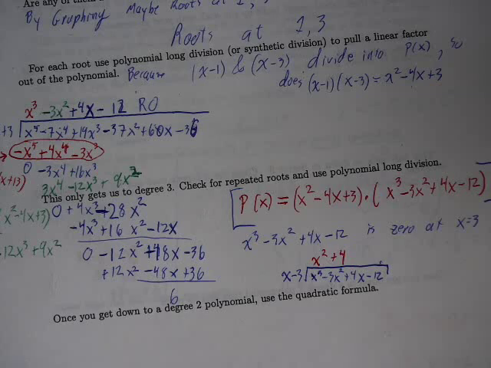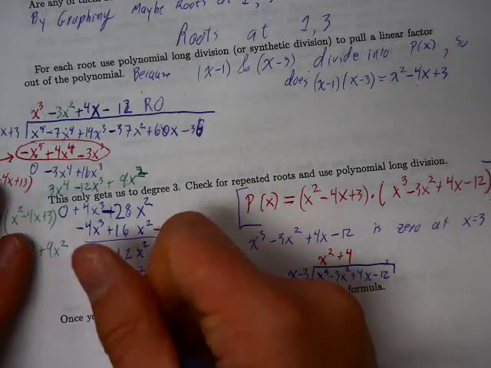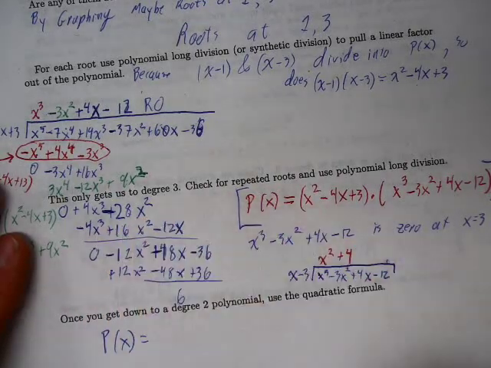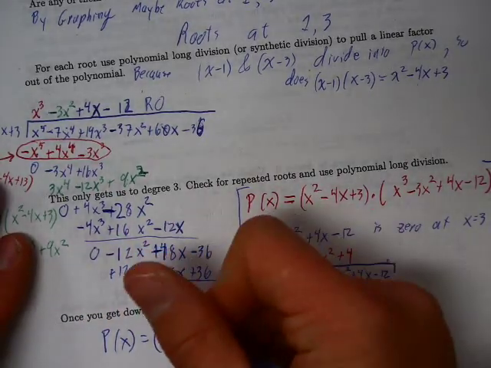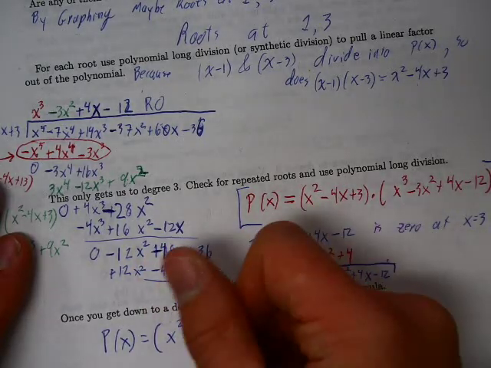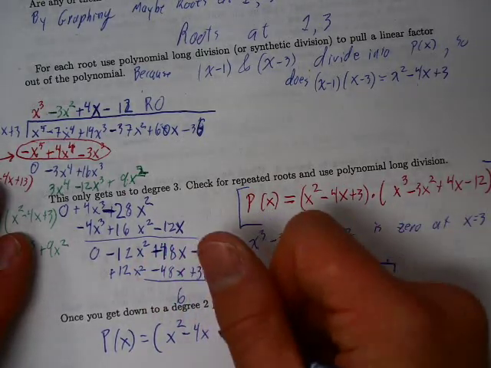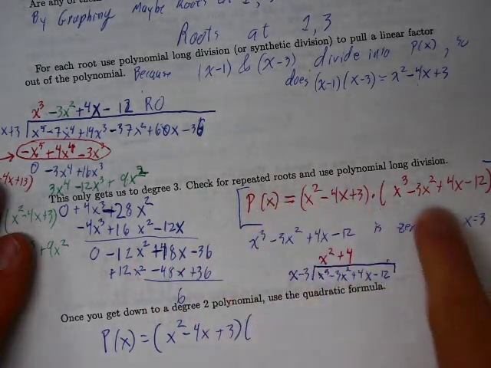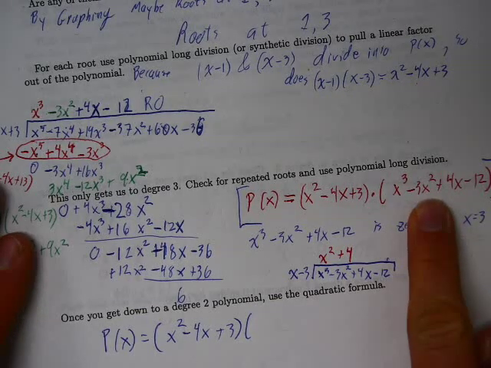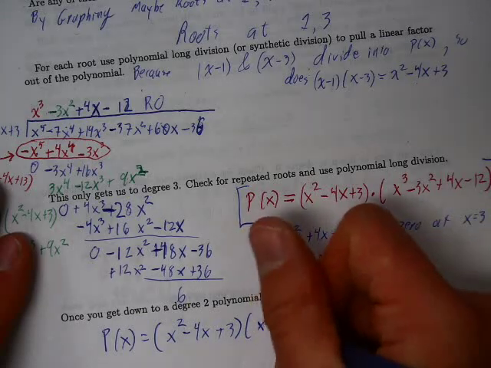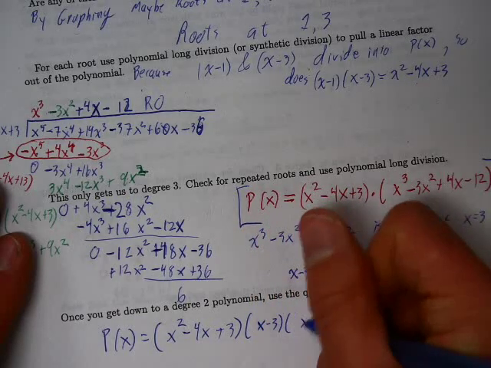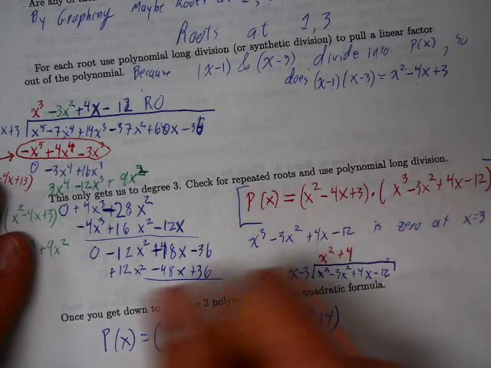Anyway, that's one of those tricks that works occasionally. So let's write down what we have. So now I have p of x is x squared minus 4x plus 3 times x cubed minus 3x squared plus 4x minus 12, which is x minus 3 times x squared plus 4.